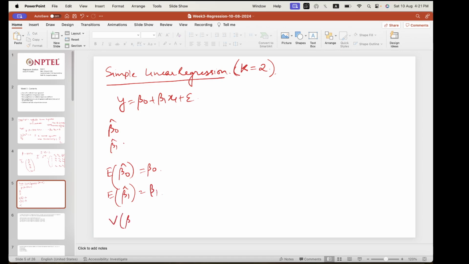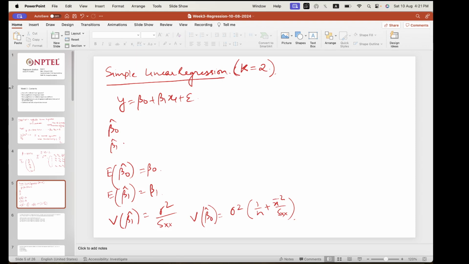Similarly, variance of beta 1 hat equals sigma square by Sxx, and variance of beta naught hat was sigma square times 1 by n plus x bar square by Sxx.